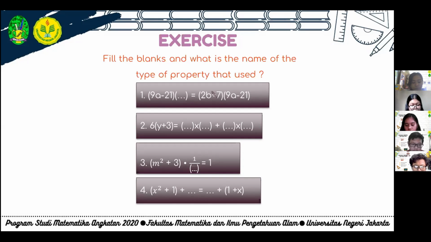May I answer number 3? Yes, please. The answer is m to the power 2 is added to 3. Then the type of property? Okay, thank you so much for the answer. Yes, the answer is correct.